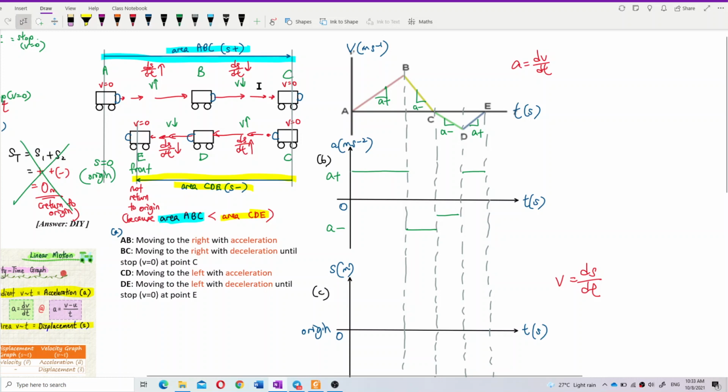Is it curved upward or curved downward? I know it's going to the right-hand side of the origin. So does it go this way or this way? Which one? The first one or the second one? Of course, it's the first one, because look at the gradient, it's starting from zero velocity and the ds/dt becomes increasing.